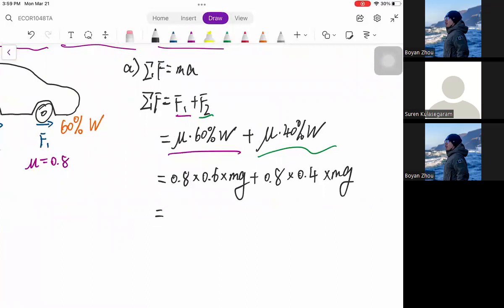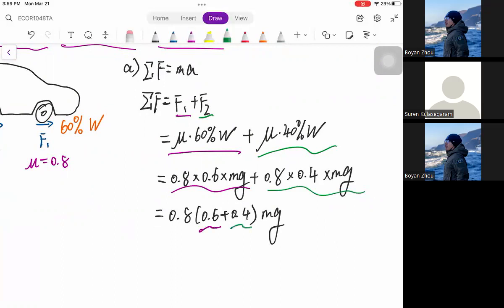And that is actually equal to 0.8 times (0.6 plus 0.4) mg. So 0.6 is from the front view and 0.4 is from the rear view.